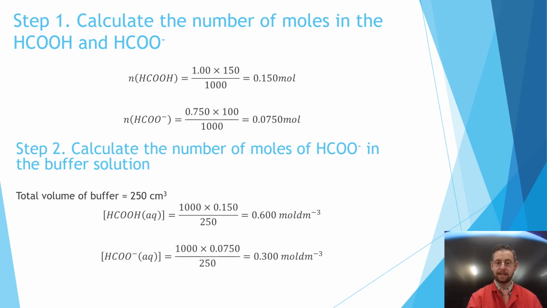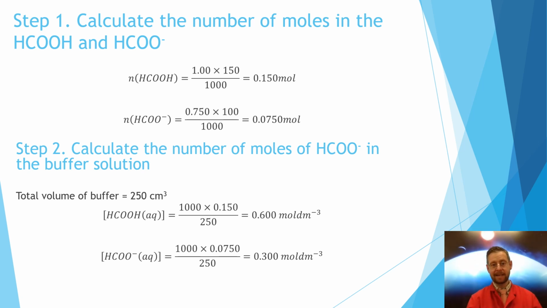That's why the 1,000 is in there. Now, we take 1 mole per decimeter cubed and multiply it by the actual volume that we've got. We work out there's 0.15 moles of the acid going into our buffer. Now, we can do exactly the same with the base, and we get 0.075 moles of that.